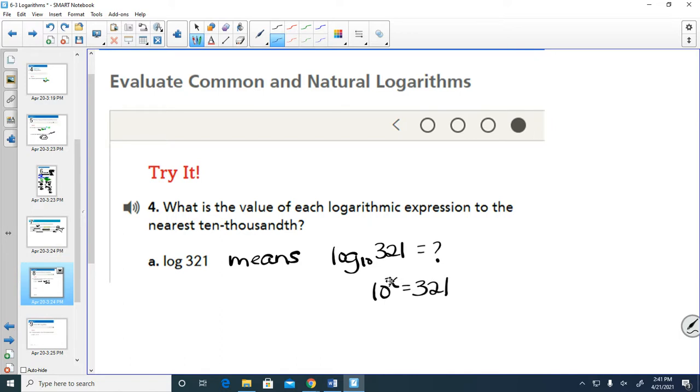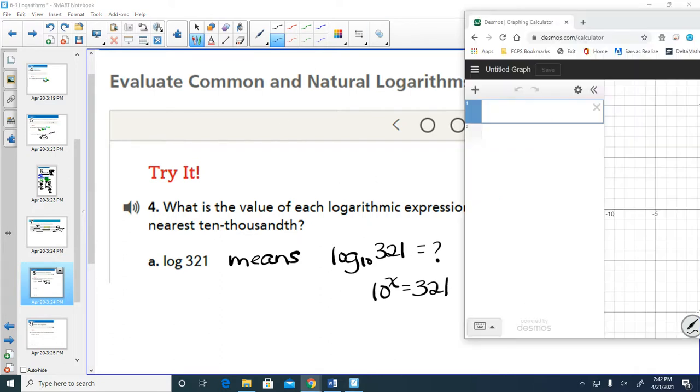I don't know in my head what x could be, and I also can't change 321 to have a base of 10. So instead, I'm going to go to my calculator and type in log of 321. In Desmos, I can just type in the word log of 321, and the number is automatically generated for me.